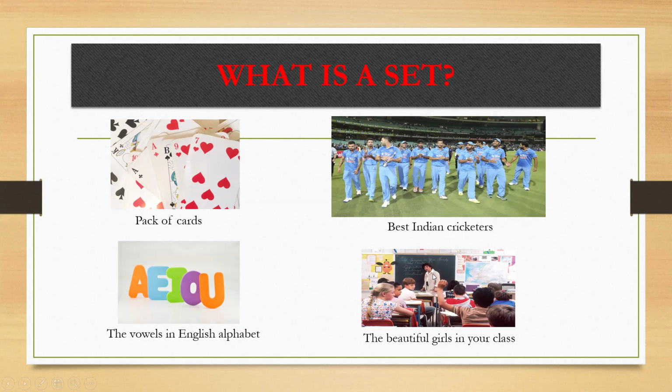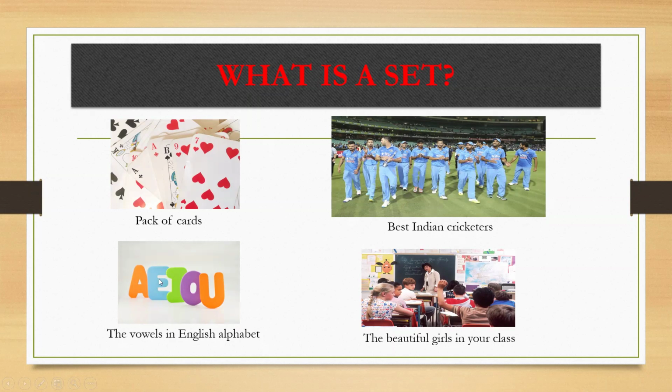So the answer given by all the students of the class will not be the same. So, what did you understand from these four examples? These four examples are nothing but we are taking a collection of something, right? A pack of cards means it is a collection of cards, and the pack of cards is the same all over the world. Okay. The second one was a collection of Indian cricketers, but the choice made by each person differs based on their favoritism.